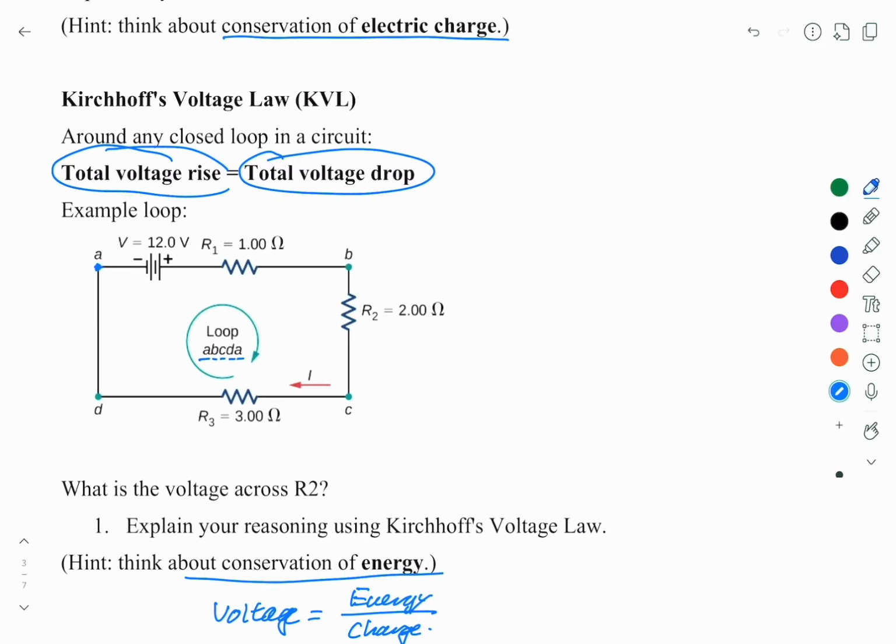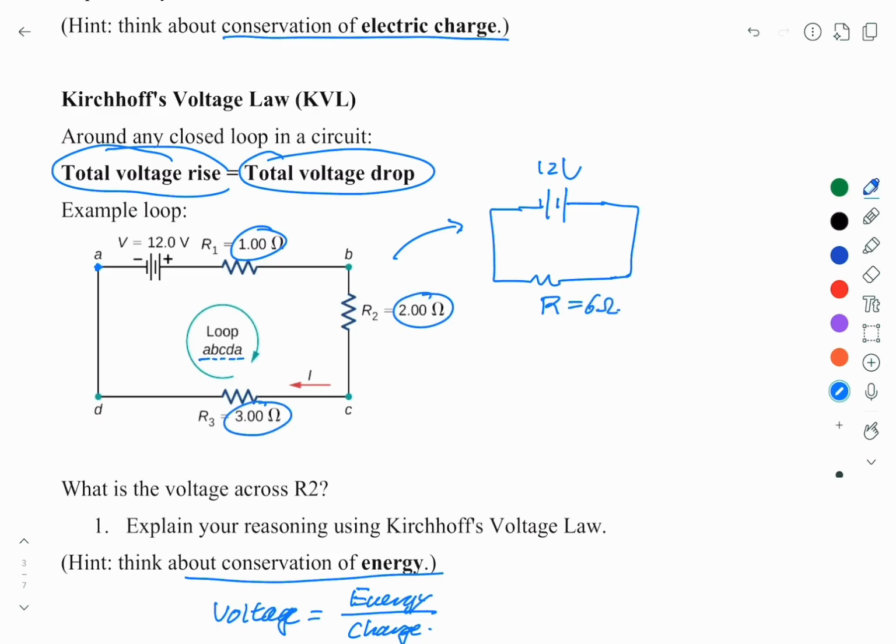Let's look at this example. We first simplify this circuit as 12 volt, and the equivalent resistance is 1 plus 2 plus 3, which is 6 ohm. So the current here is 2 ampere.